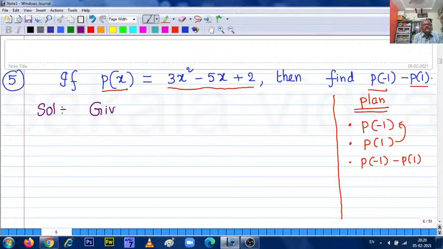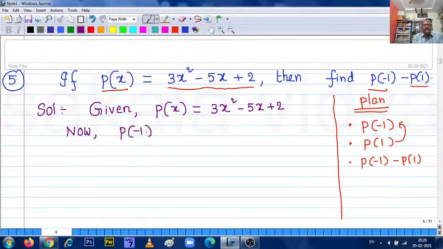Given, this is the given data: p of x equals 3x square minus 5x plus 2. First, p of minus 1 we need to find out. How to find p of minus 1? In the place of x, write minus 1. That is 3 times minus 1 square minus 5 into minus 1 plus 2.